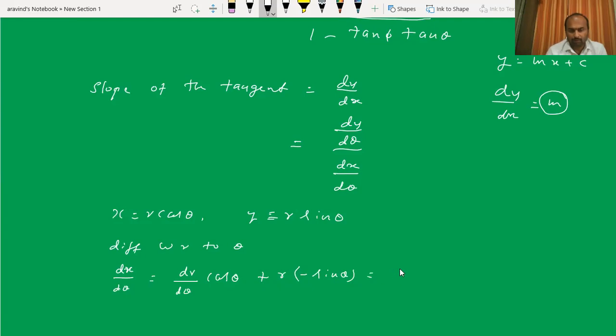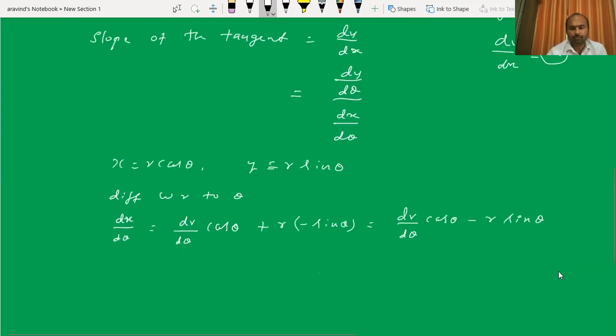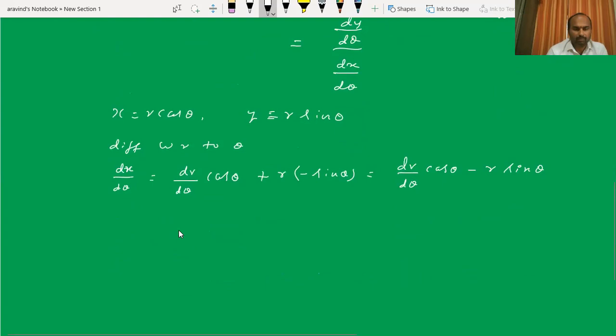So this can be written as dr by d theta cos theta minus r sin theta. Similarly, dy by d theta is equal to r, with the derivative of sin theta being cos theta, plus the derivative of r, dr by d theta, into sin theta.